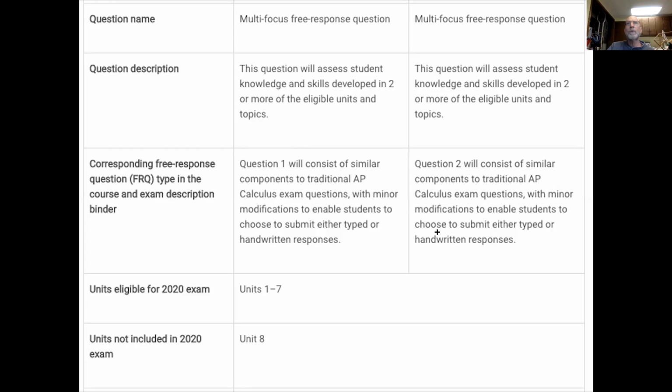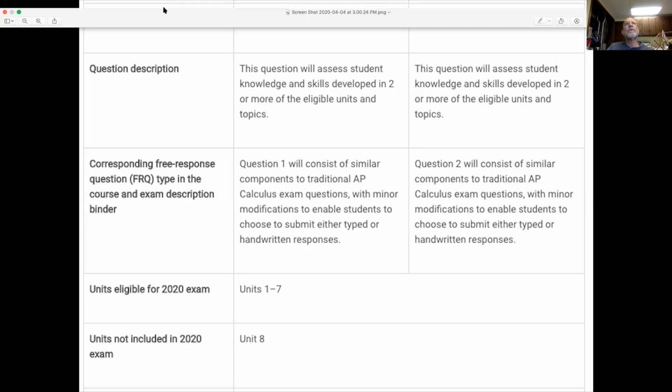And question 2 is the same type of thing. Now, this is going to cover units 1 through 7. Basically, it's everything we've covered except unit 8, which is area between two curves, volume by cross sections, and volumes by revolution. So we hadn't talked about volumes of revolution. That was the lemon activity we were going to do. So that gives you some information.